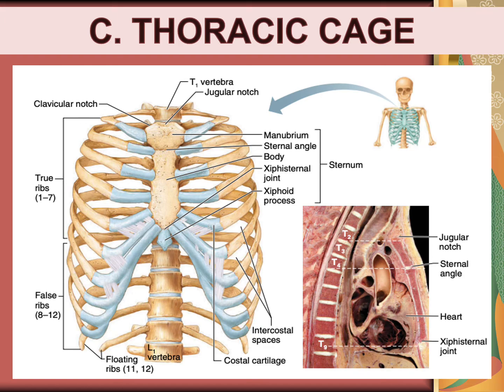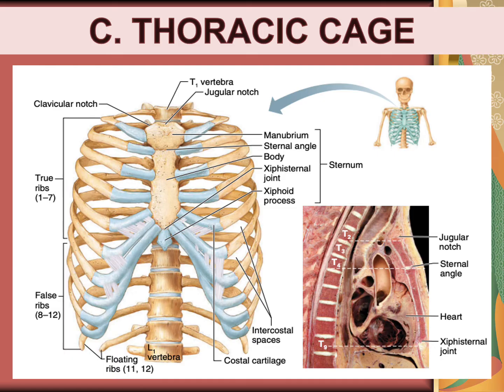Next, we have the ribs. The ribs, no, may true ribs, may false ribs. Ribs 1 to 7 are true ribs, while ribs 8 to 12 are false ribs. So, yung ribs, they occur in pairs. True ribs siya kasi bawat isang pair merong isang connection sa sternum.